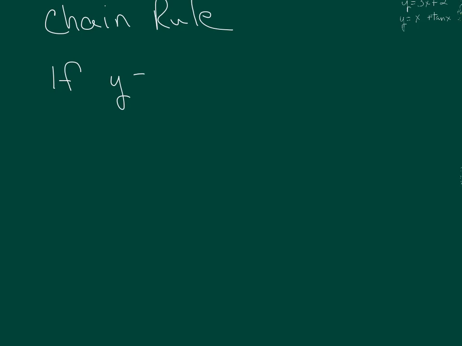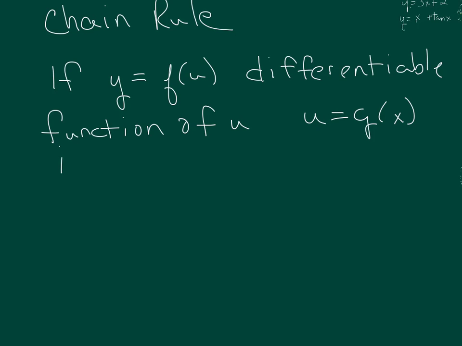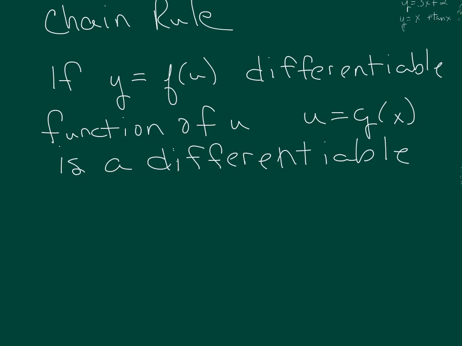If y is equal to f of u, and that is a differentiable function of u, and u is equal to g of x, and that is a differentiable function of x.